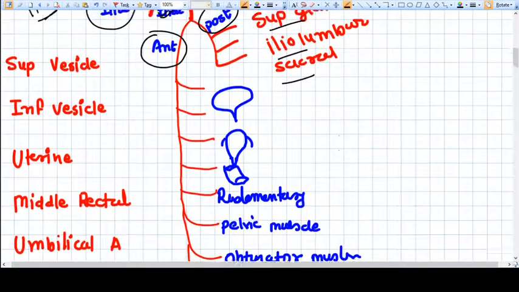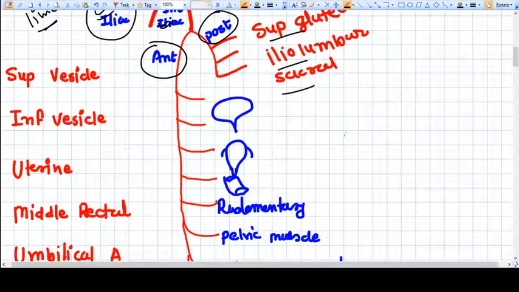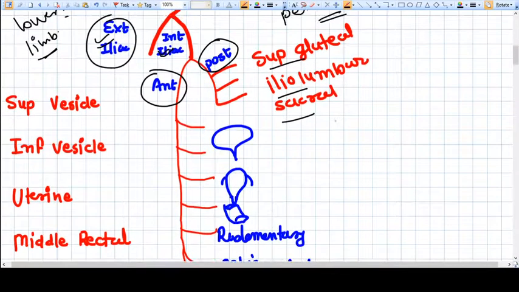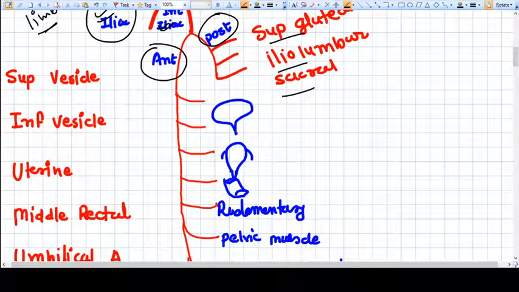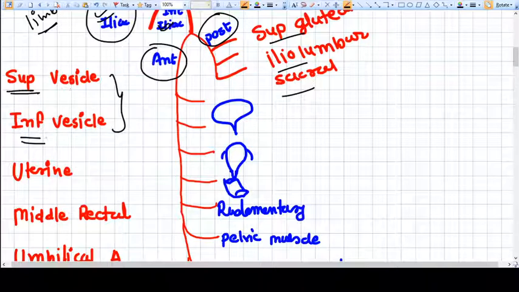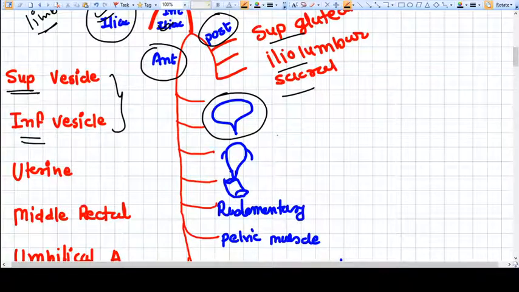Here you need to remember some branches of the anterior division of the internal iliac arteries. These are the superior vesical and inferior vesical arteries. Remember, they are a pair, the superior and inferior vesical arteries, which supply the bladder.